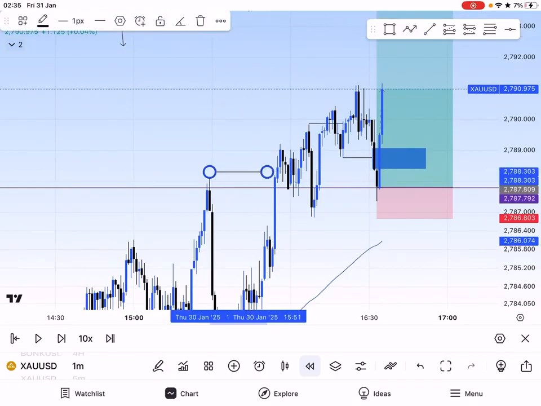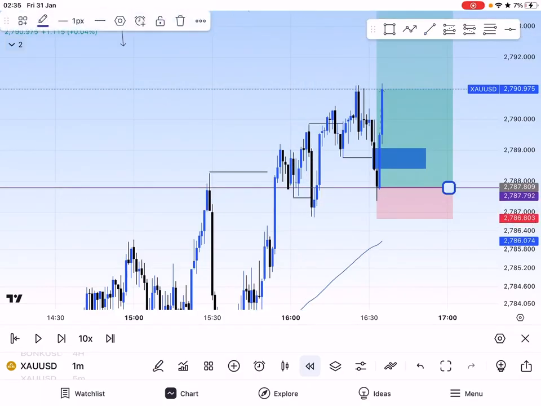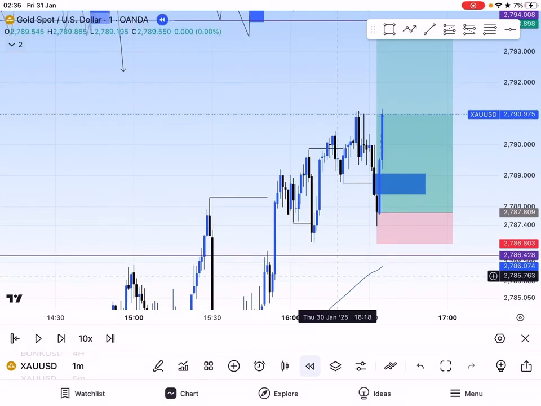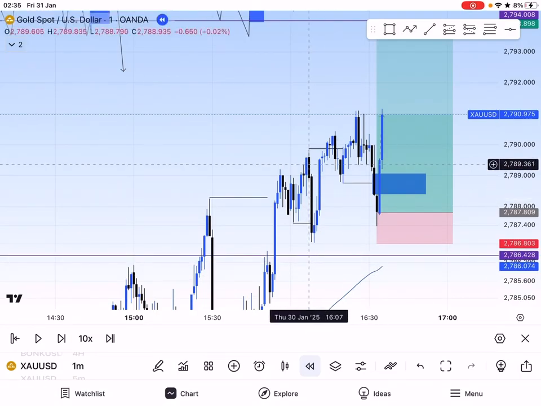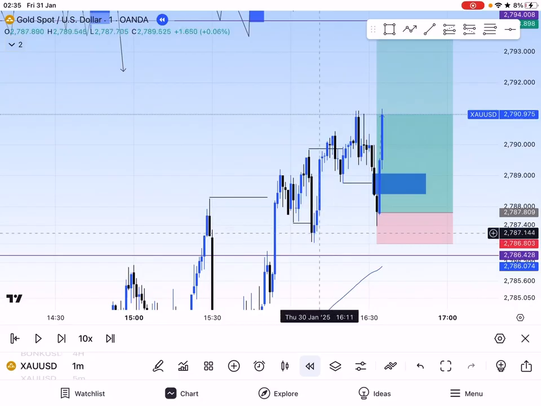We had a break of structure, and we see the inducements got formed over here. This one was more of a breaker. You can see that when price was coming to take the inducement, we had the bearish candle, and then all of a sudden this big bearish momentum candle, leaving behind an imbalance.